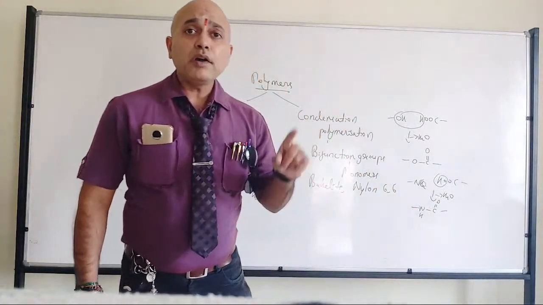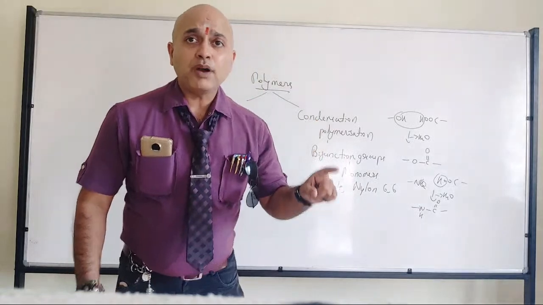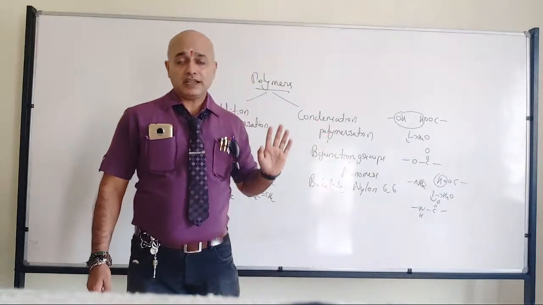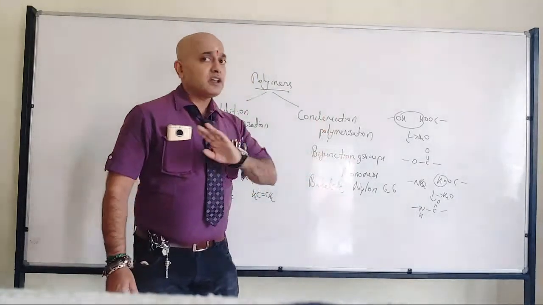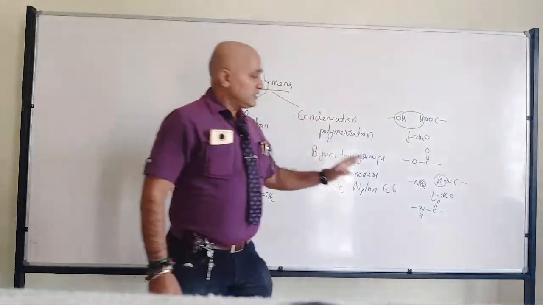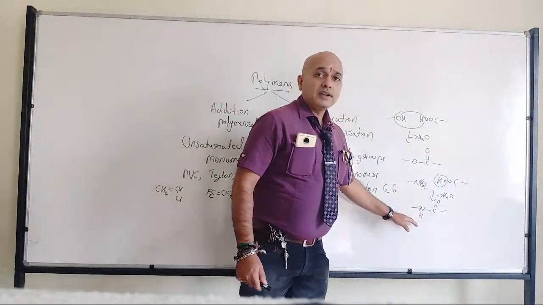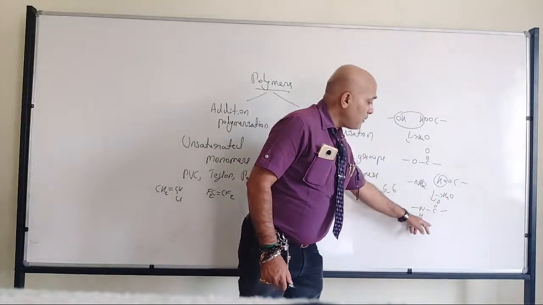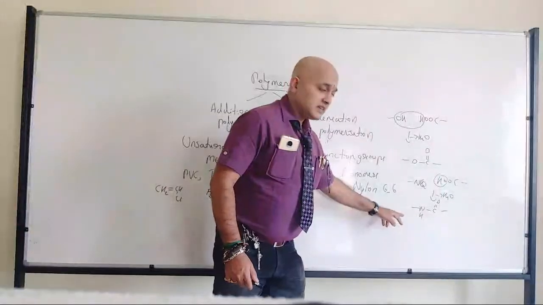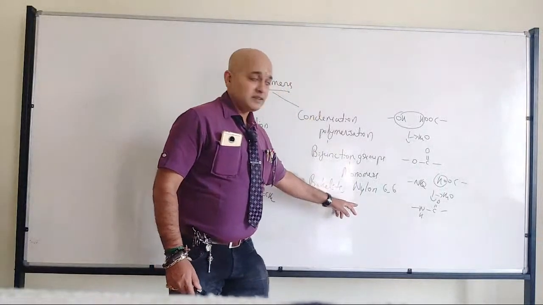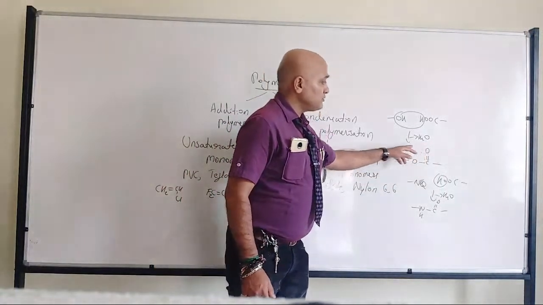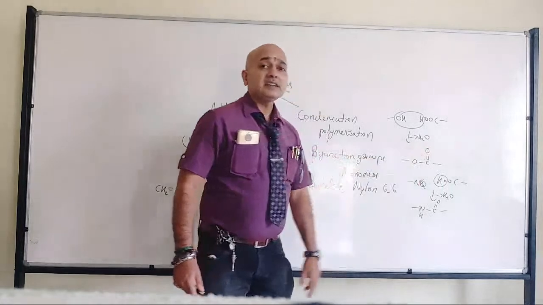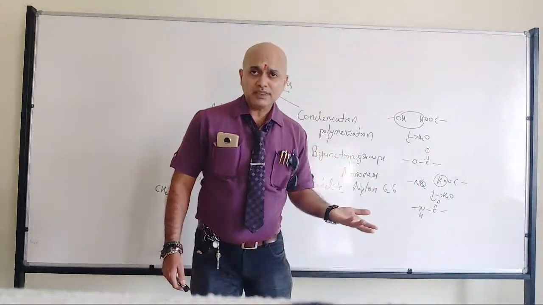An amide bond can be called a peptide bond when it is present between amino acids. But here we are not dealing with amino acids. So polyamides are those which have multiple amide linkages. An example is nylon 66. Polyesters are those which have multiple ester linkages. Terylene can be the example.